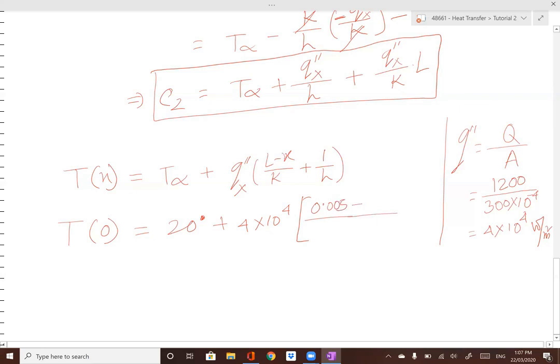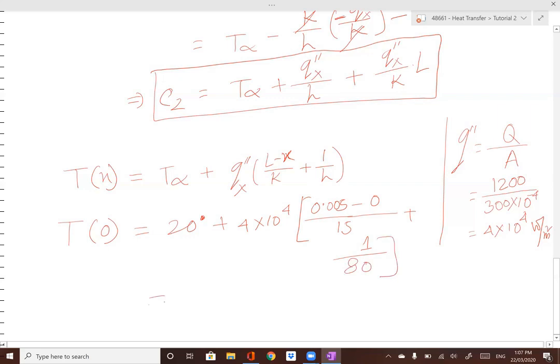Now we calculate the inner surface: x equal to 0, divided by k, where thermal conductivity k is given as 15, plus 1 over the convection coefficient given as 80.